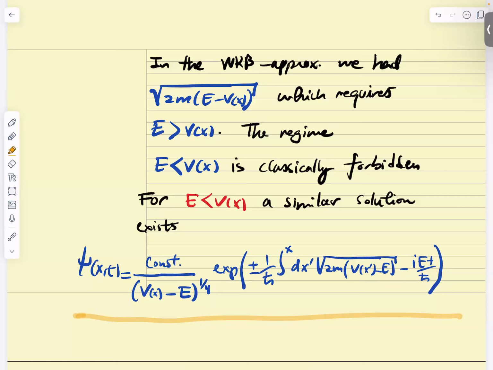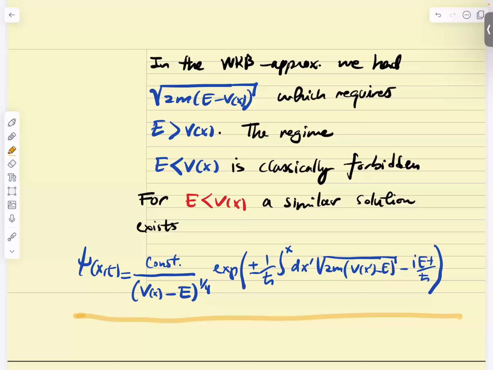Imagine you have a potential like this. It goes all the way to here, and it does something funky here. This is my potential. Let's say my goal is to search for an energy eigenket of energy E. I'm going to draw the energy E somewhere in this plot.